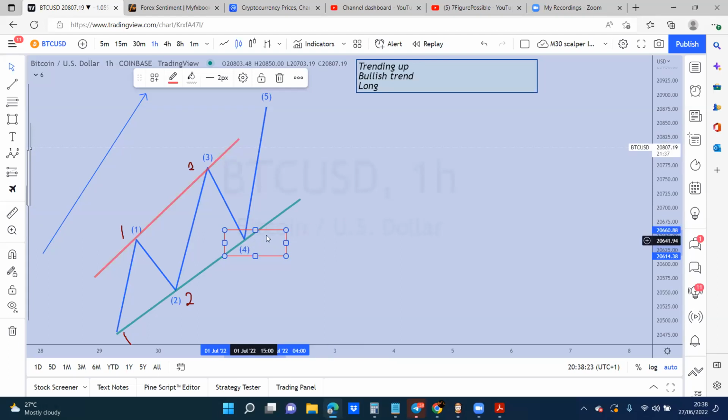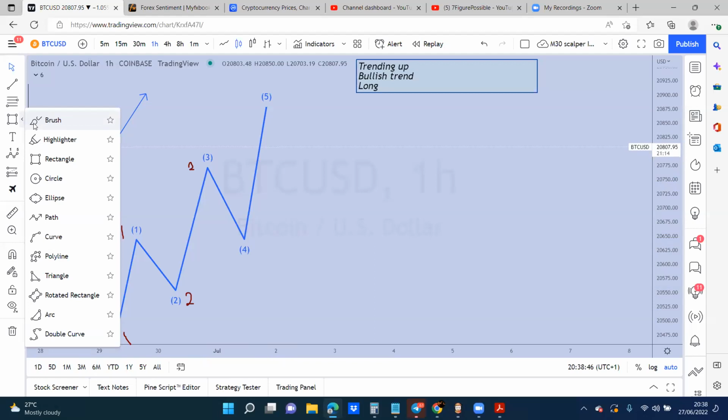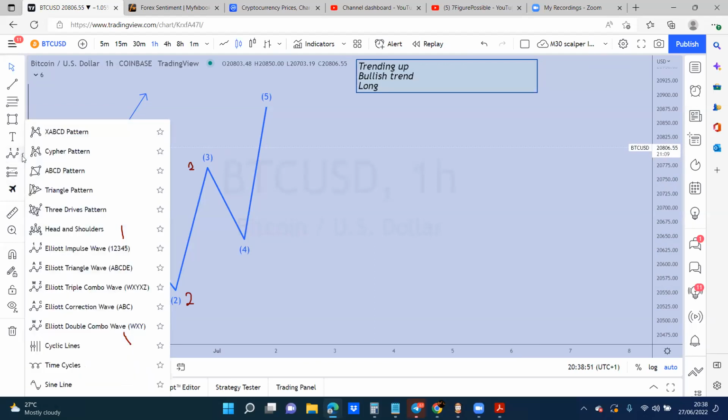So in essence, what I'm saying is that this line may not be exact, but you are saying when price comes around this region, I'm anticipating that it's going to make a U-turn. In fact, to make it more precise, so you start having a better expectation of price, permit me to use another tool to draw that.